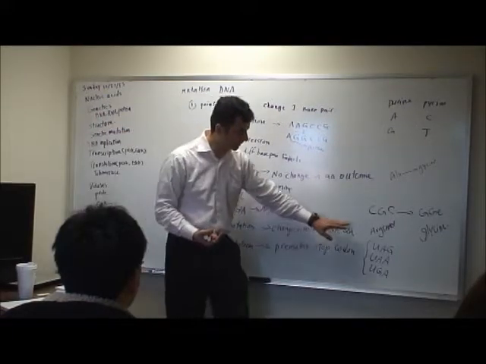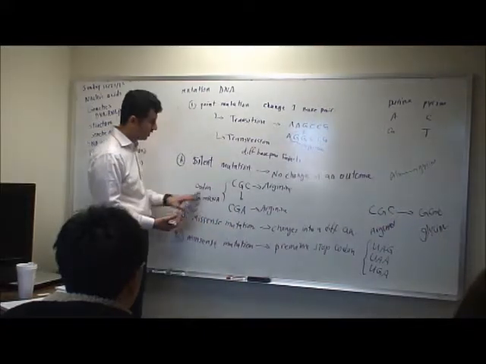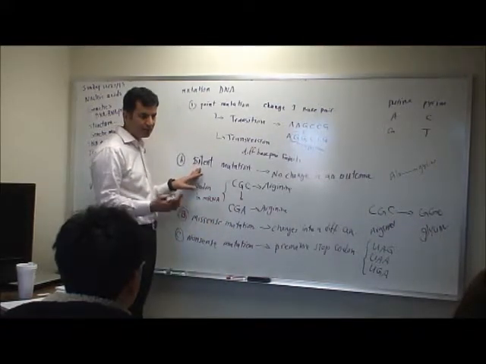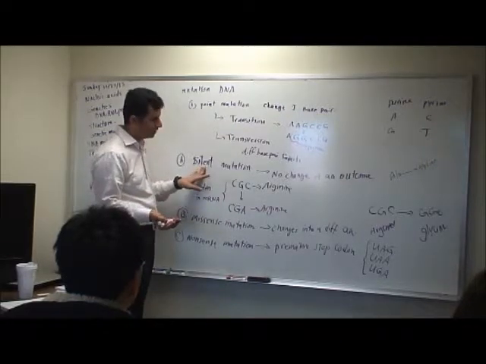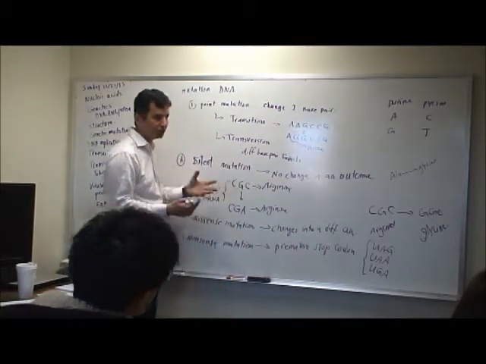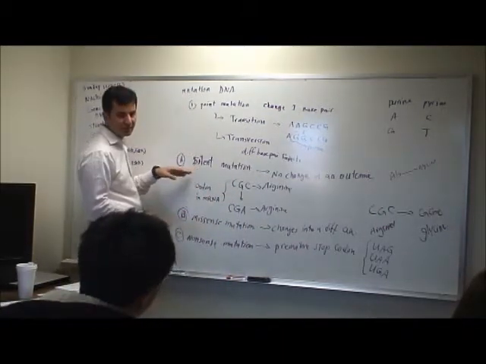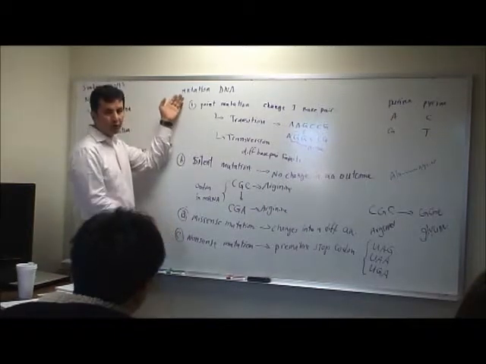Something is changing differently. So that's a missense mutation. Silent mutation, you make a mistake, but it doesn't affect anybody, so that's all right. Silent mutation means there is no change in amino acid, because they have more than one codon for each amino acid. Make sure to get this. So these are all examples of point mutation.